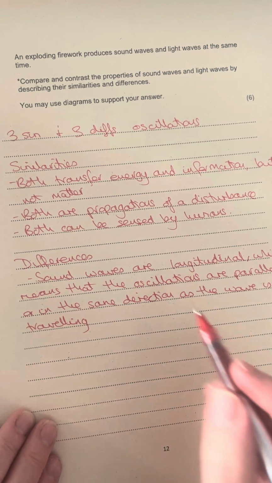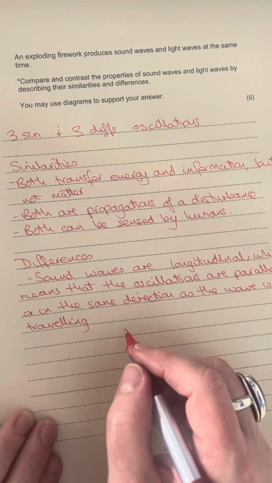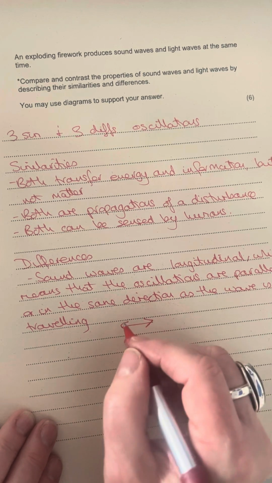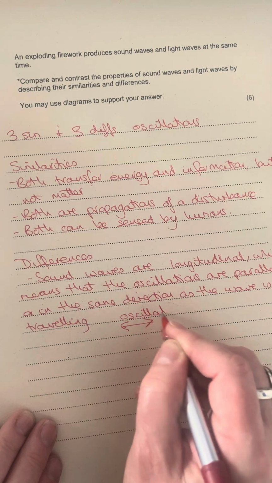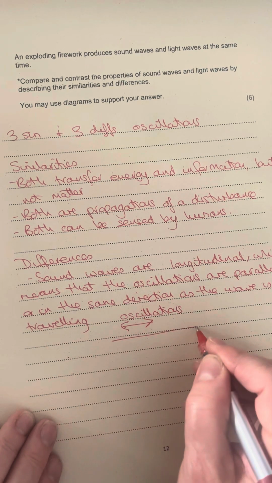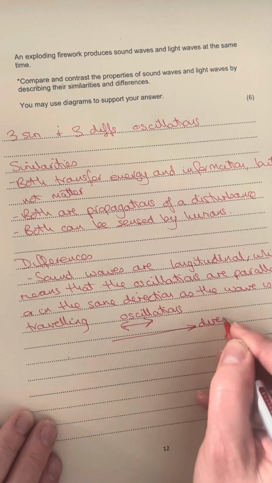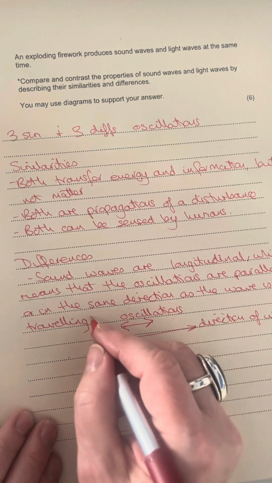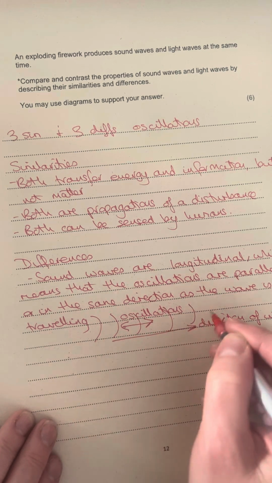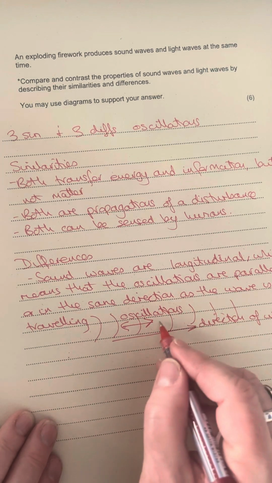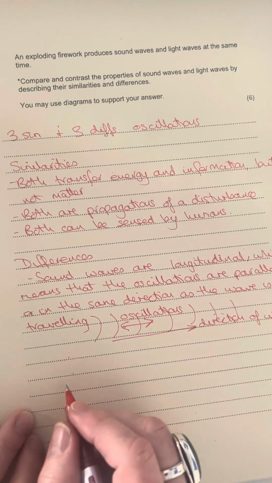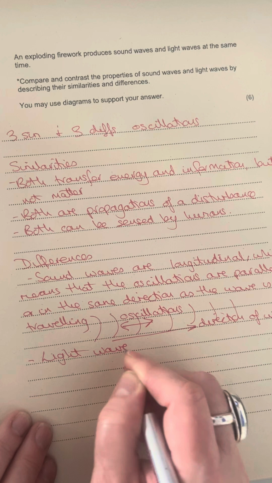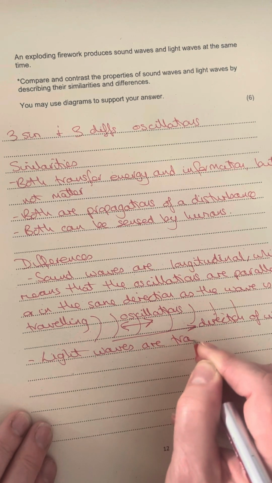So for sound waves, we can show that with a diagram. We could show that the oscillations move from left to right, and the direction of the wave, and we could represent that by sort of sound waves, looking like that. So the oscillations are moving backwards and forwards, and the direction of the wave is in that direction. Light waves are transverse.